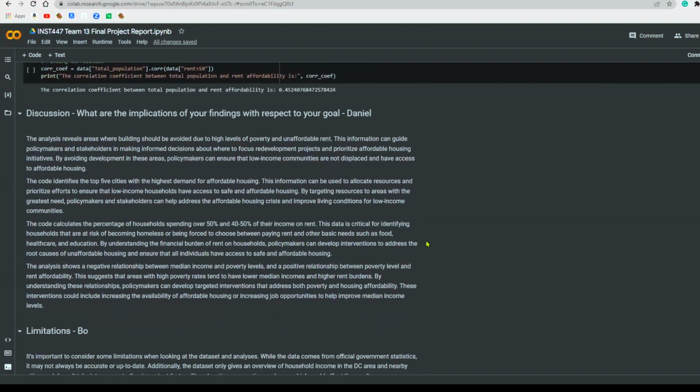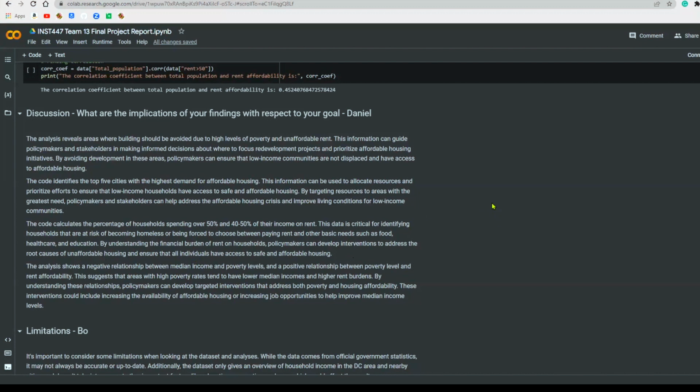All right, so basically our goal for our project was to do the analysis on revealing areas where buildings should be avoided due to high levels of poverty and unaffordable rent. The information that we develop can potentially guide policymakers and stakeholders to make more informed decisions about where to focus their redevelopment efforts and to prioritize affordable housing goals and initiatives.